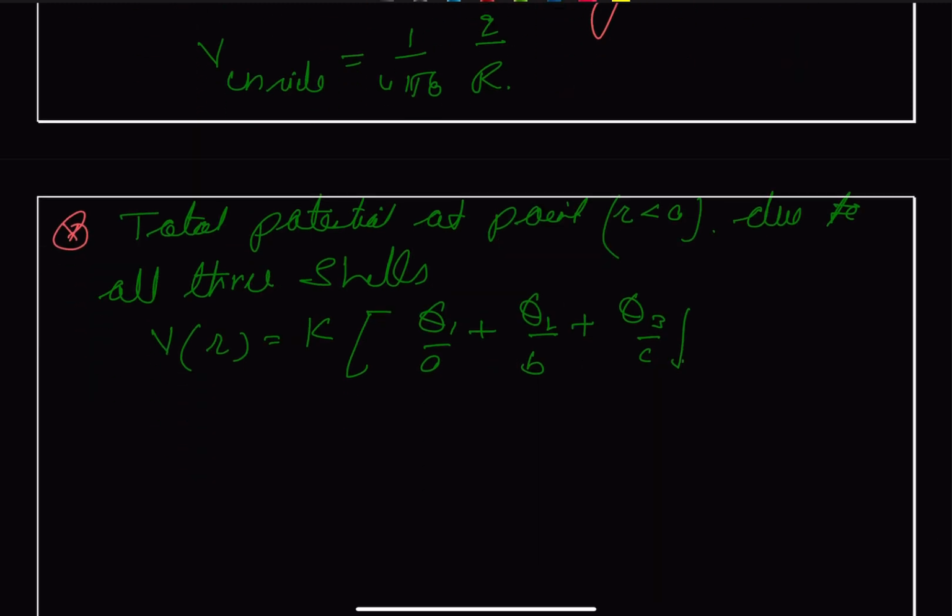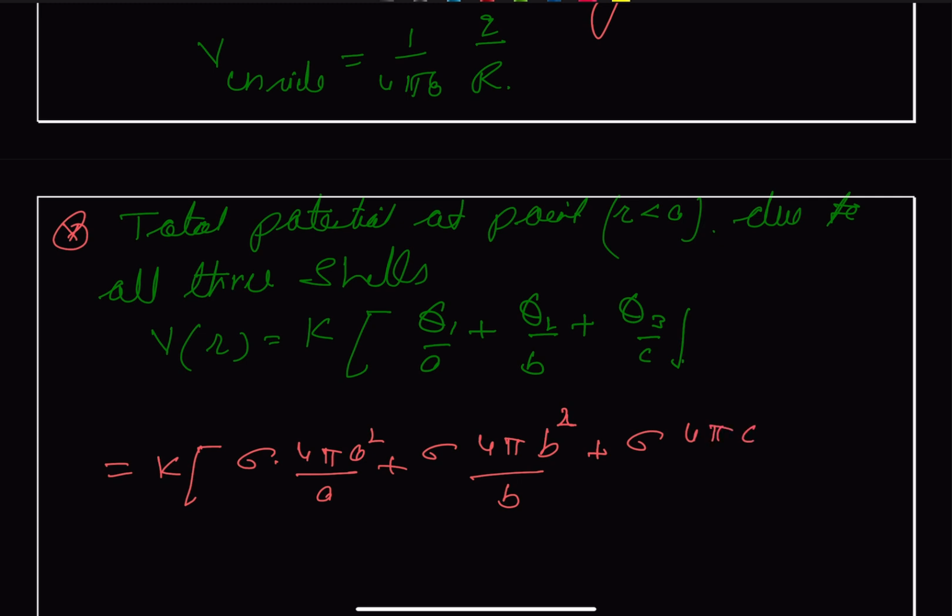So we substitute, and we get K times sigma 4 pi A square upon A plus sigma 4 pi B square upon B plus sigma 4 pi C square upon C.